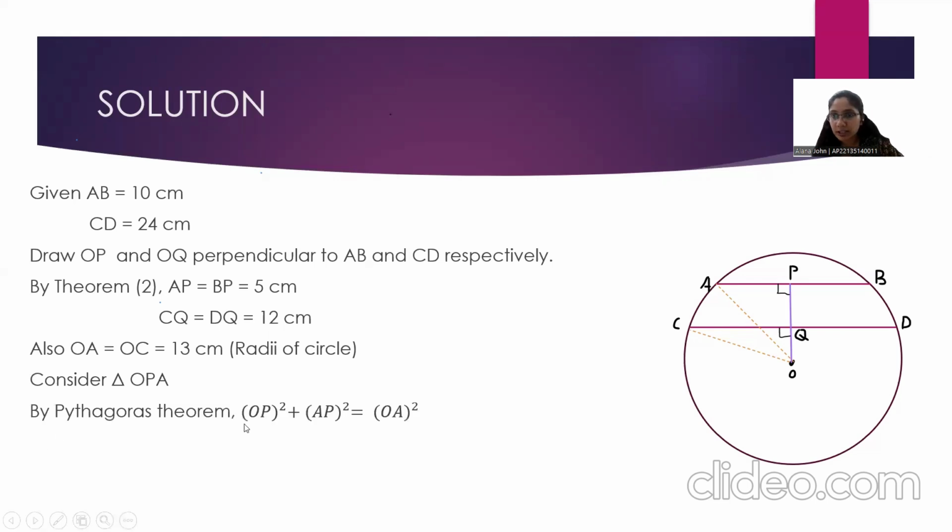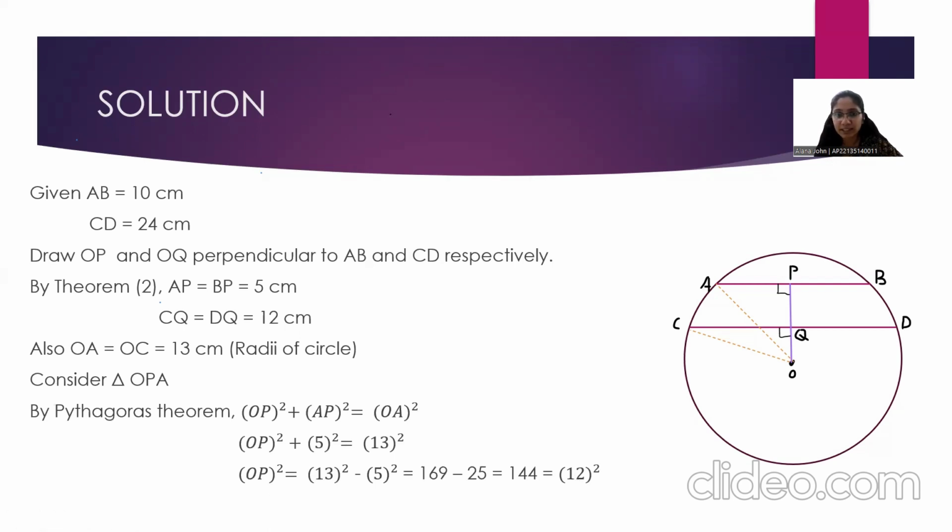By Pythagoras theorem, OP square plus AP square equals OA square. By simple calculation, OP square plus 5 square equals 13 square. Then OP square will be equal to 13 square minus 5 square, that is 169 minus 25, which is equal to 144, and 144 is the square of 12.